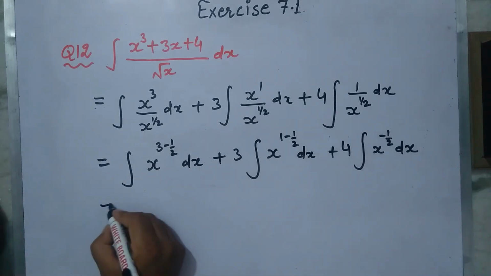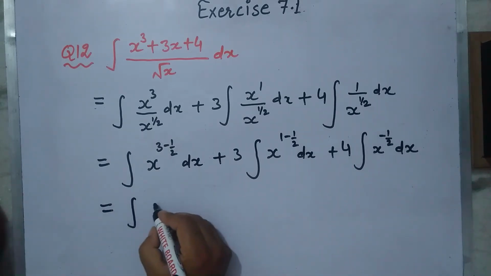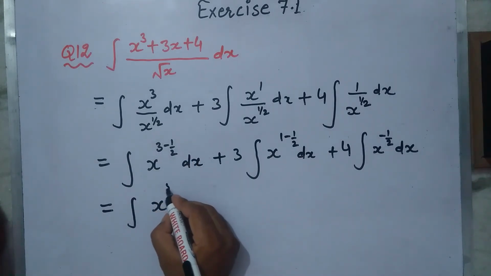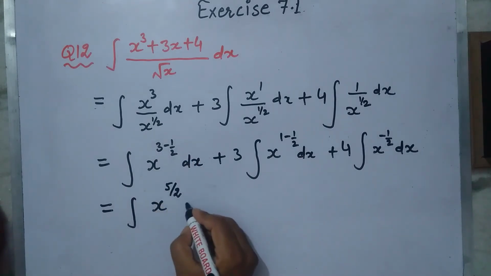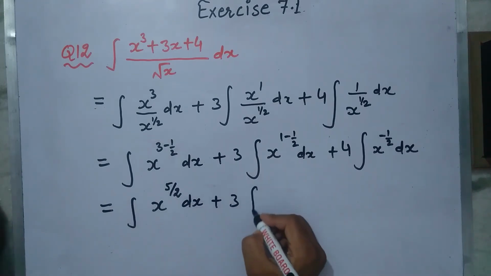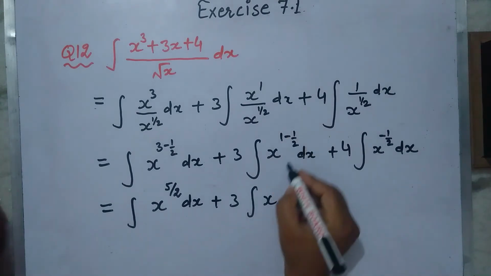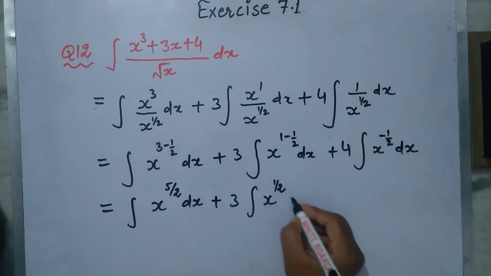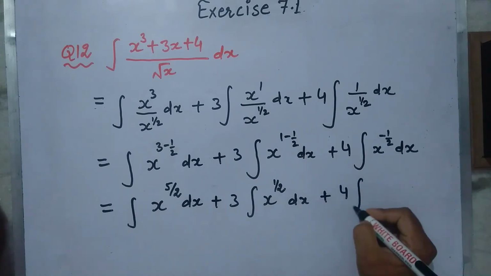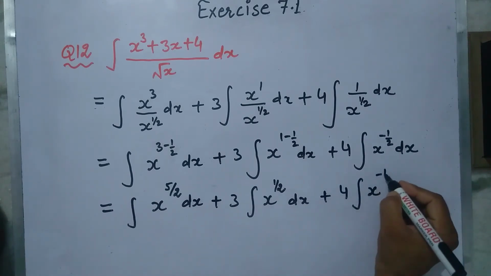So finally we have integration x raised to power 5 upon 2 dx plus 3 x raised to power 1 by 2 dx plus 4 x raised to power minus 1 by 2 dx.